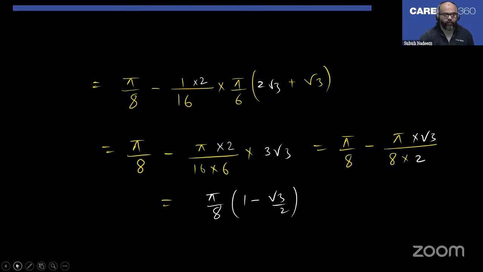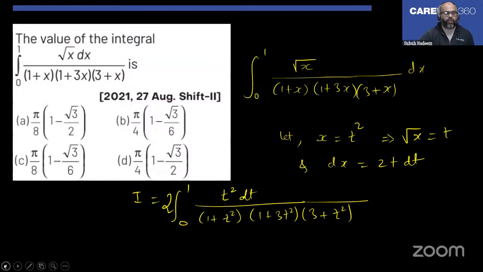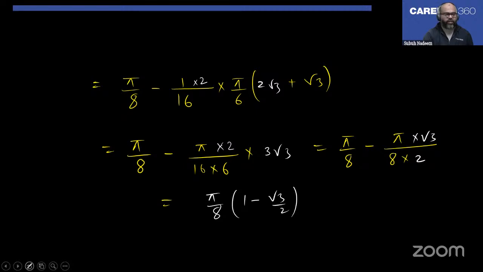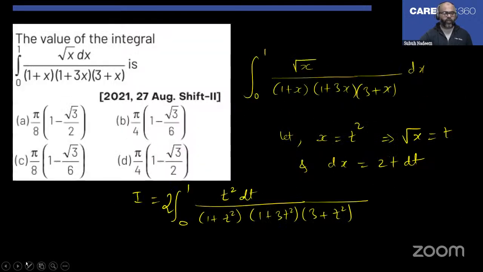Let us see. Yes, pi by 8, 1 minus root 3 by 2, which is option A, is the correct answer. So careless mistakes, once we get into some calculation mistake, it becomes very difficult. It is highly advised to revise whatever you are doing so that you can find if there is any error. So this is pi by 8, 1 minus root 3 by 2. Fine.